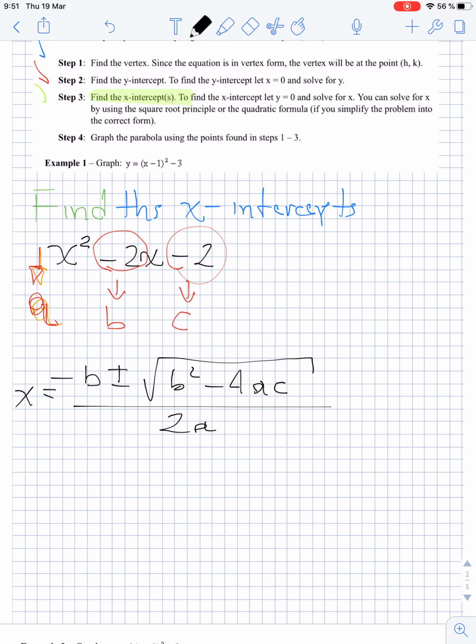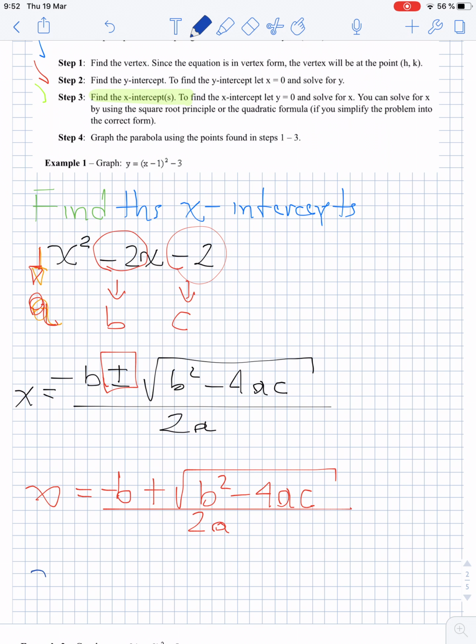Remember that this plus and minus means you need to do one expression with the plus and one expression with the minus. In this sense, we will have x equal minus b plus square root of b squared minus 4 times c times a, over 2a.